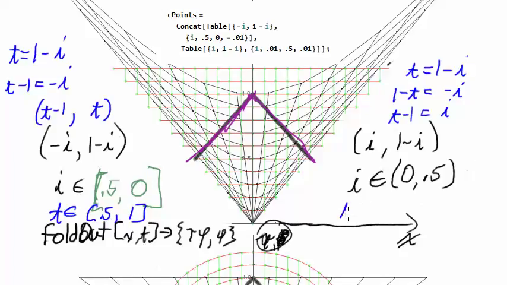And over here, t goes from 1 minus 0, which is 1, to 1 minus 0.5, which is 0.5.